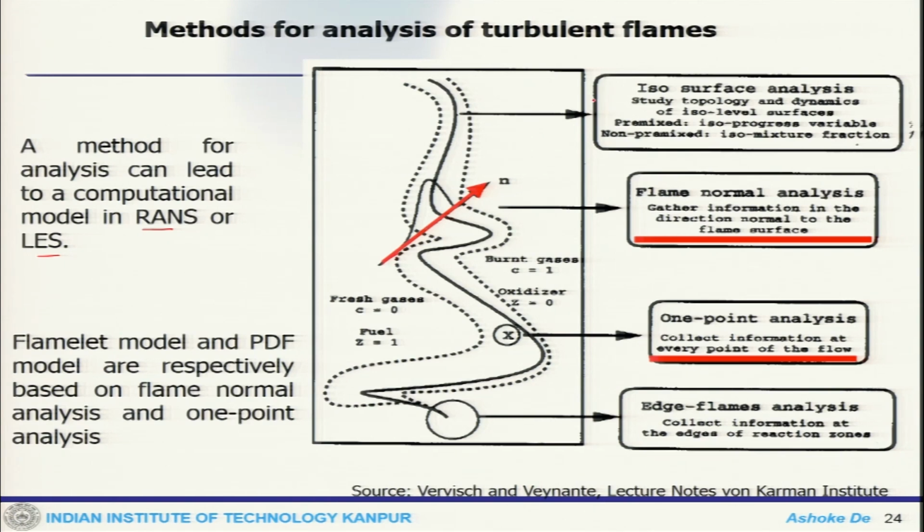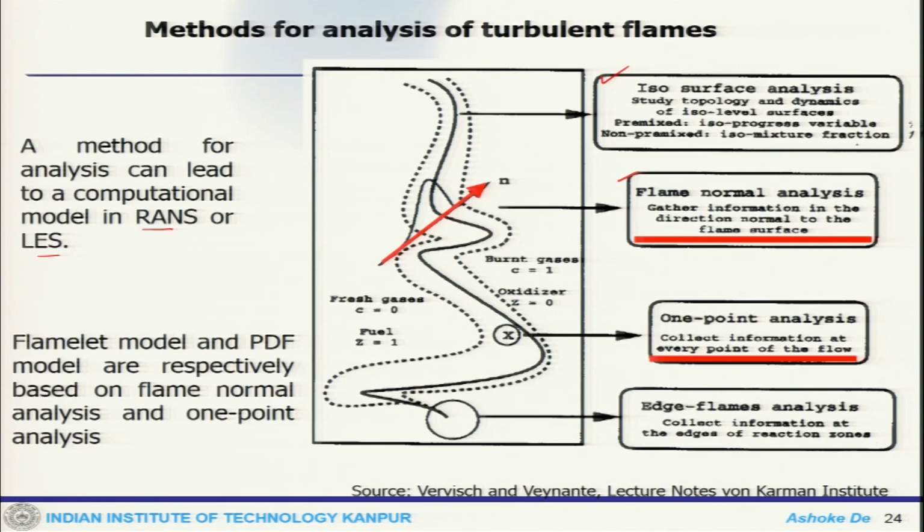So, one approach is the iso-surface analysis, which studies the topology and dynamics of the iso-level surface. In premixed flame, this iso-surface is the progress variable, and in the non-premixed case it is the iso-mixture fraction. The second approach is flame normal analysis.